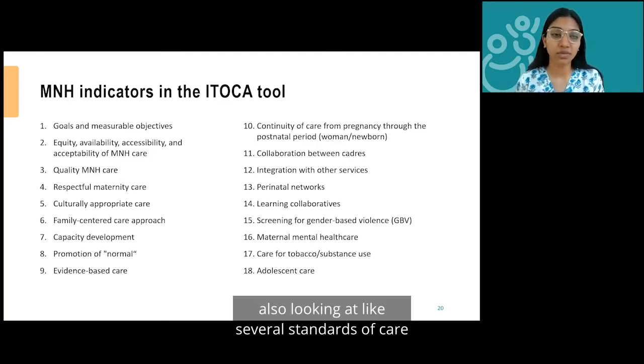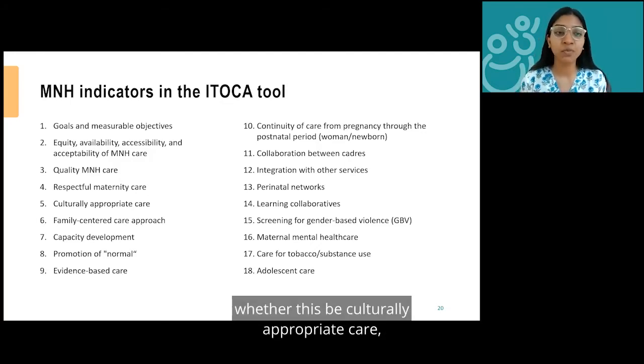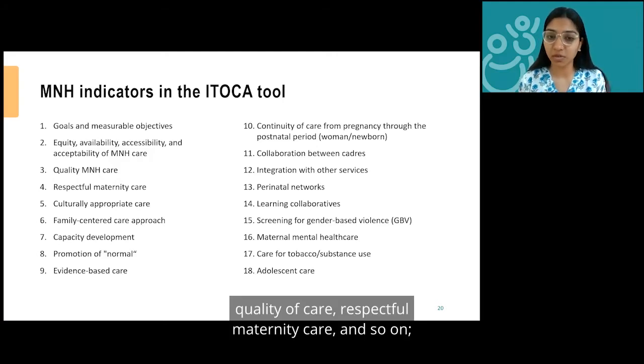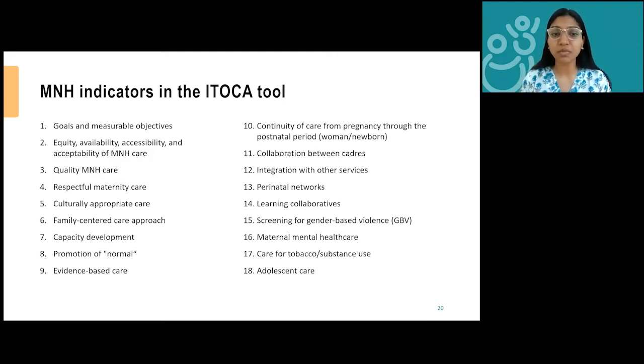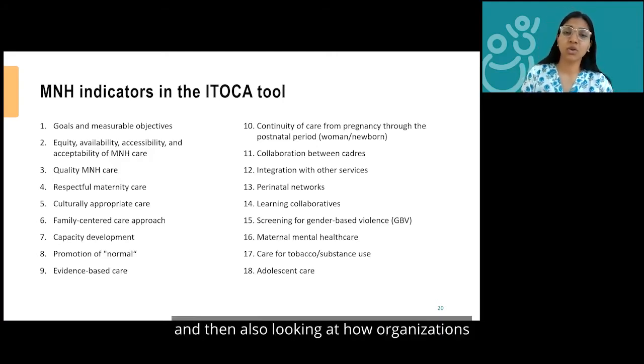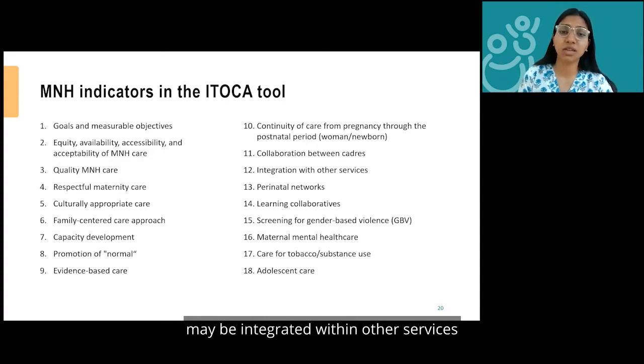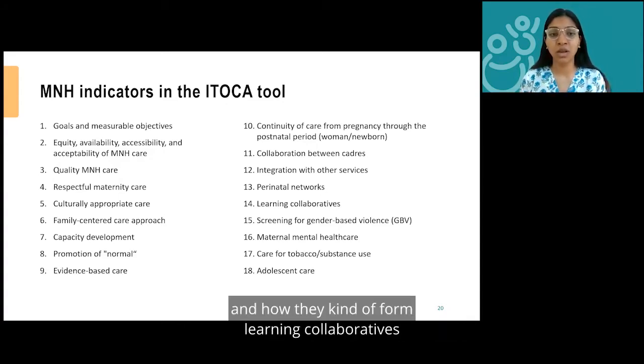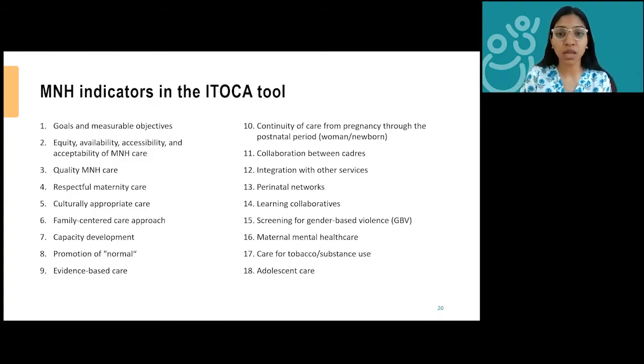Also looking at several standards of care, whether this be culturally appropriate care, quality of care, respectful maternity care, and so on. And then also looking at how organizations may be integrating within other services and how they form learning collaboratives and other networks.